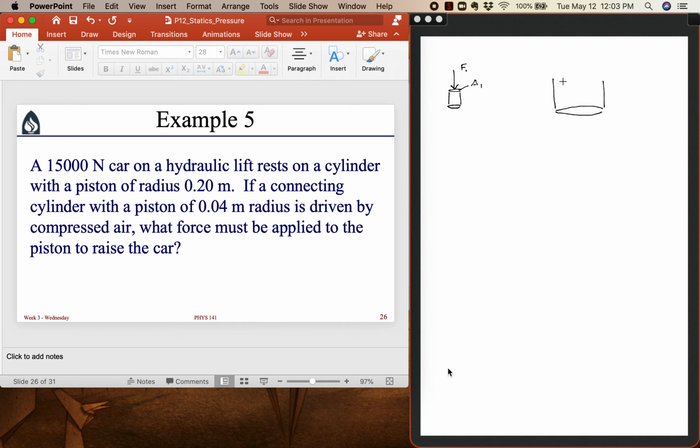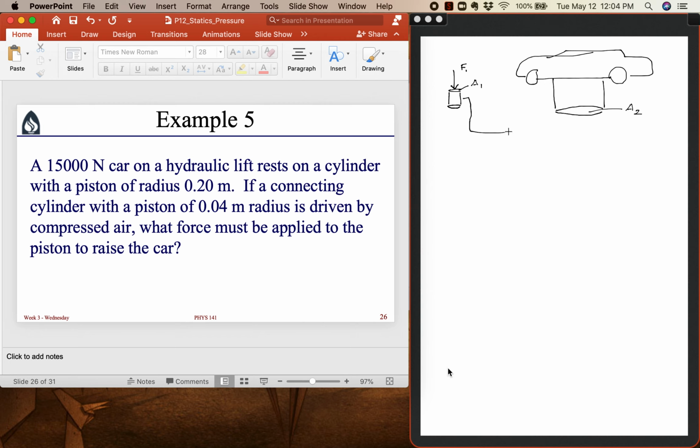So here we have a cylinder, and on this cylinder is our car. So the car is here resting on this cylinder. And this is a bigger cylinder. So this cylinder has a cross-sectional area of A2. Now the key is that both of these cylinders are connected by a fluid.